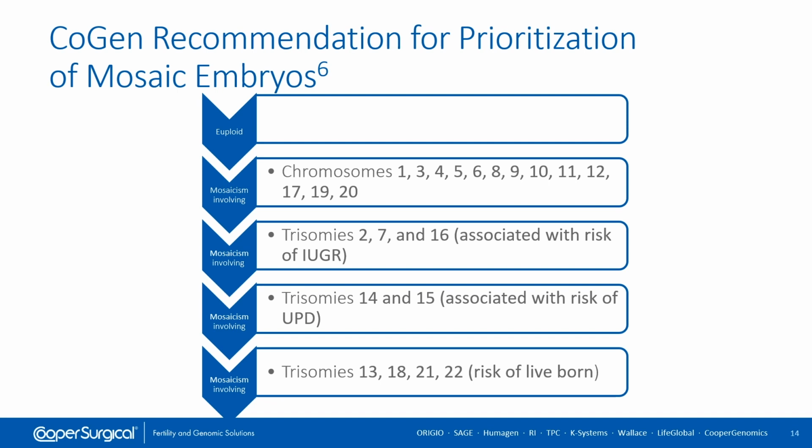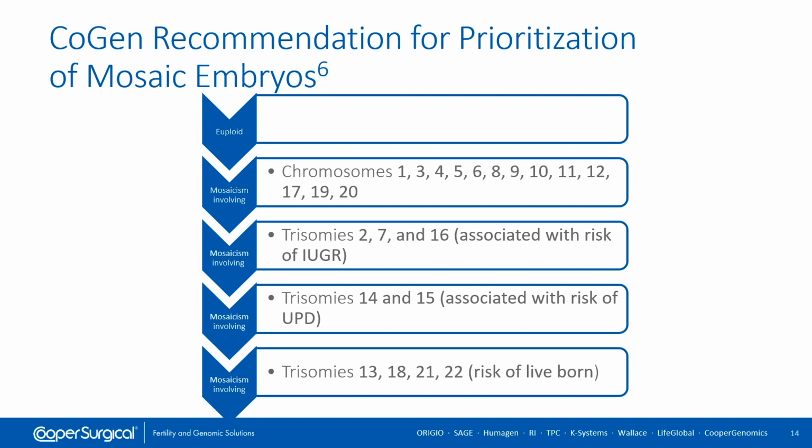However, in cases where that is not feasible, each chromosome has been listed here in order of priority, with that first category right underneath euploid being the chromosomes that appear to have the lowest risk for an adverse outcome when they are identified. And that would include chromosomes 1, 3, 4, 5, 6, 8, 9, 10, 11, 12, 17, 19, and 20.